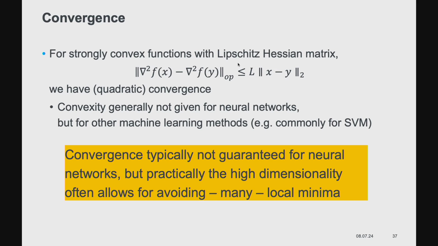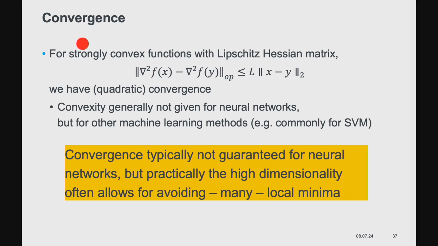And this Lipschitz property, which we look for in such dynamic systems, is a very general concept, and is used here. If we have a strongly convex function with such a Lipschitz-Hessian matrix, which basically says that the Hessian difference between these 2 points is less than the difference between these 2 points times this Lipschitz constant, then we have a quadratic convergence.